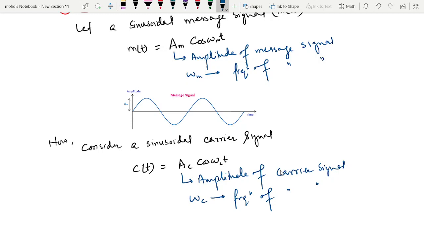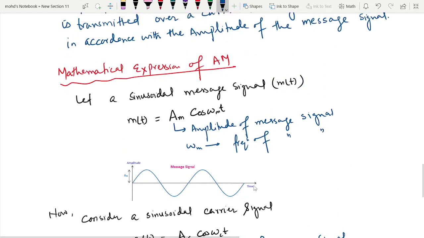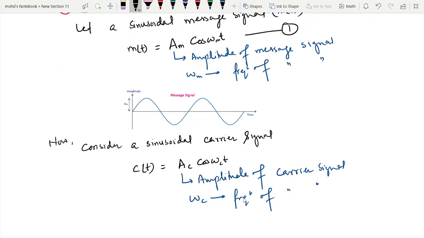Now using the above expressions for the message and carrier signals, we can create a new mathematical expression. Let's name the message equation as equation 1, and c(t) is equation 2.